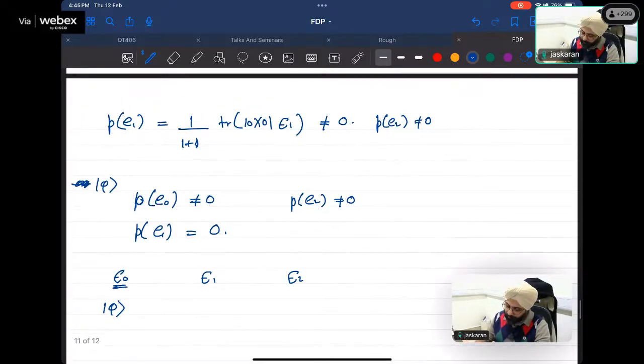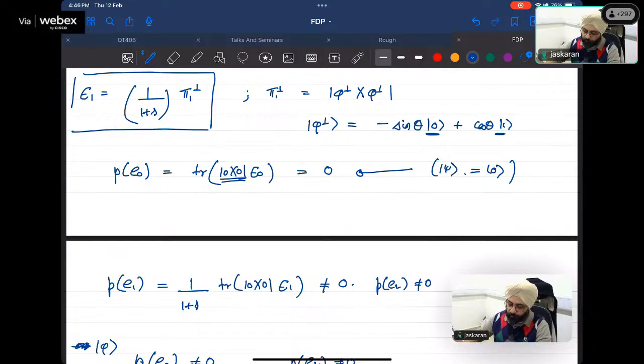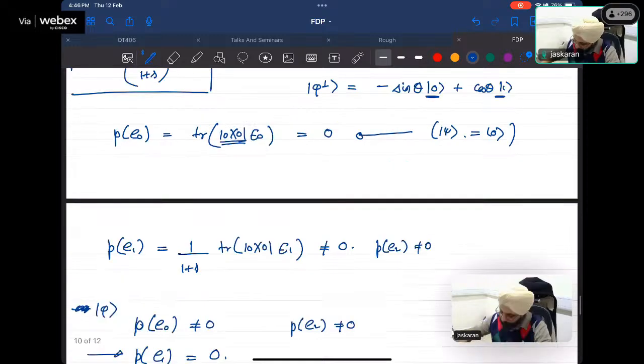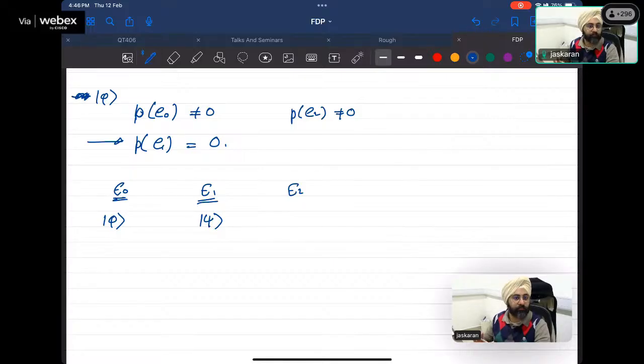Similarly, if I get the outcome corresponding to E1, then I know it could not have come from the state ket phi, because the probability of getting E1 is 0. I will never get this outcome, but it could have come from the state ket psi. So in this case I definitely know that my state was ket psi.